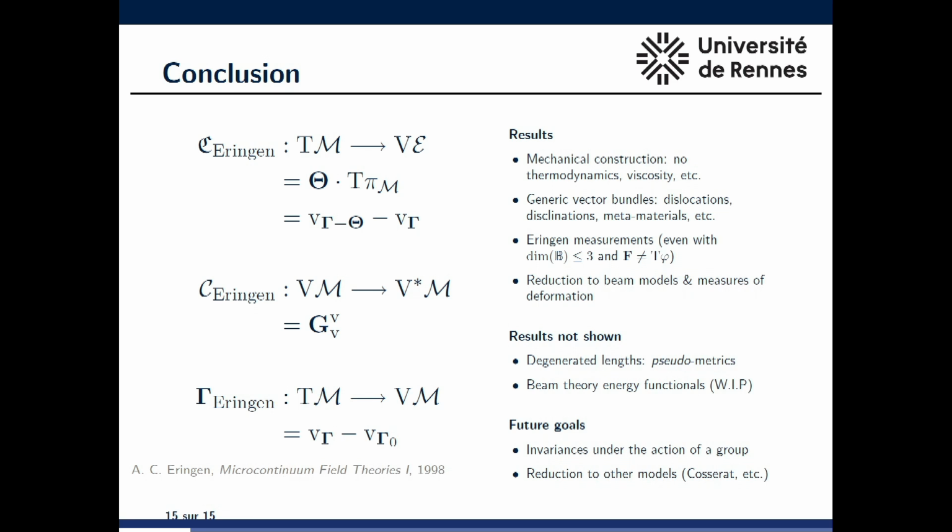But yeah, I thought in the Cosserat they didn't use F as a gradient, but maybe you may be right. I'll check it. Cosserat is the most general. Yeah, but I've written it somewhere in the future goals.